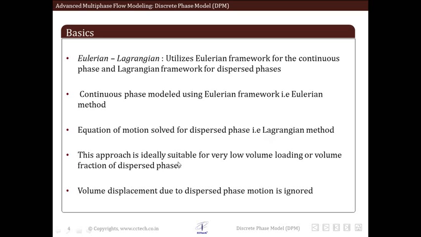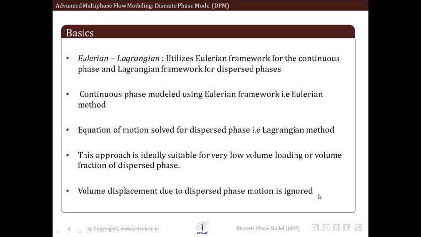This particular approach is ideally suitable for very low volume loading, or when the volume fraction of the secondary or the dispersed phase is very small. What we must note or keep in mind is that in this particular approach, volume displacement due to the dispersed phase is ignored.